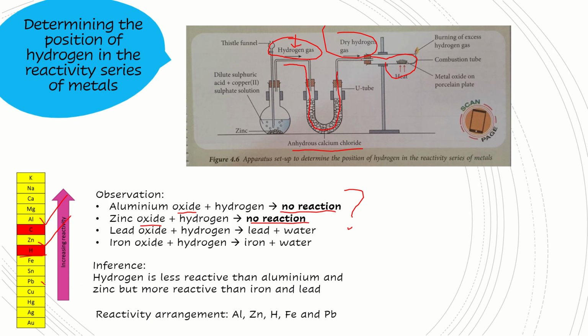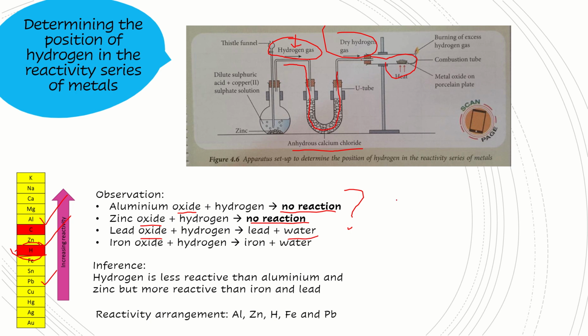Lead duduk dekat sini. Nampak tak, perasan tak, hydrogen ni duduk di atas lead. So ini menunjukkan hydrogen able to remove oxygen from lead. Dia boleh rampas oksigen daripada lead. Sebab itulah hydrogen akan membentuk water.